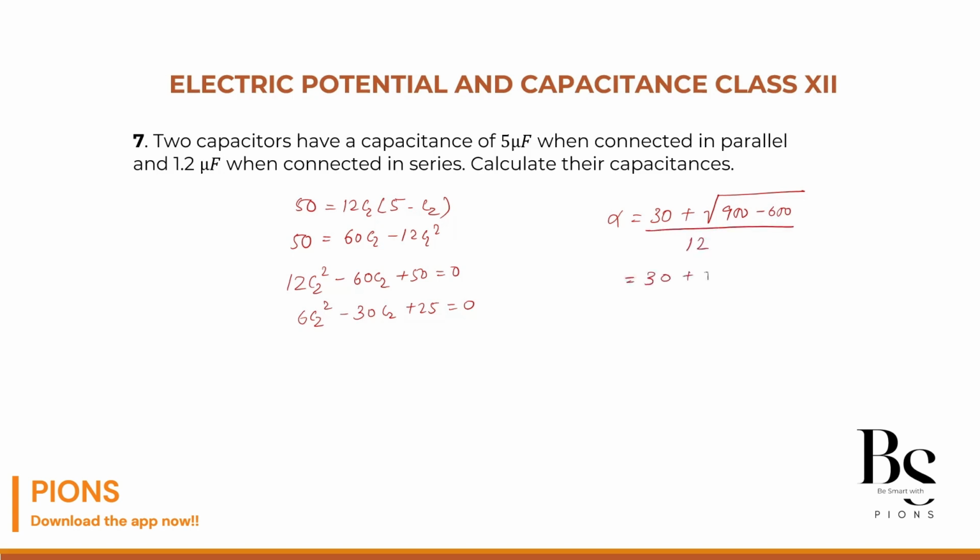So this will be 30 plus root under 300 whole divided by 12. Correct. And this will be 30 plus 10 root 3 whole divided by 12.